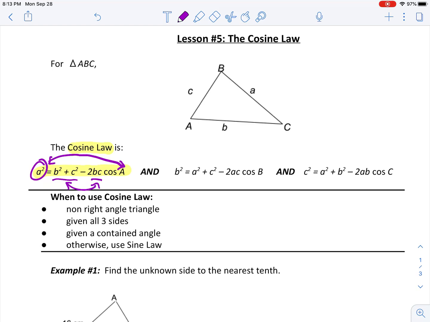So side A and angle A. If I was trying to find side Z, then I would need to know angle Z. If it was y squared equals, then it should at the end say cos capital Y, angle Y.